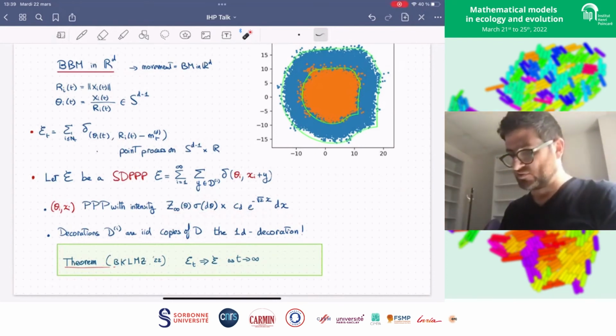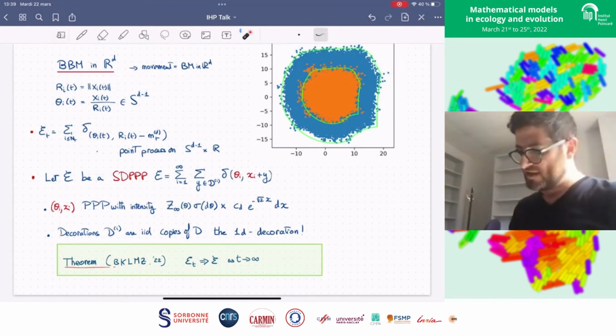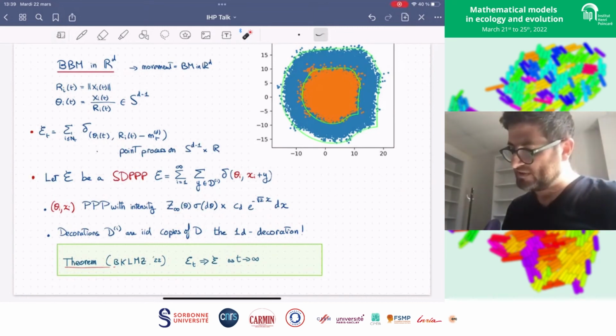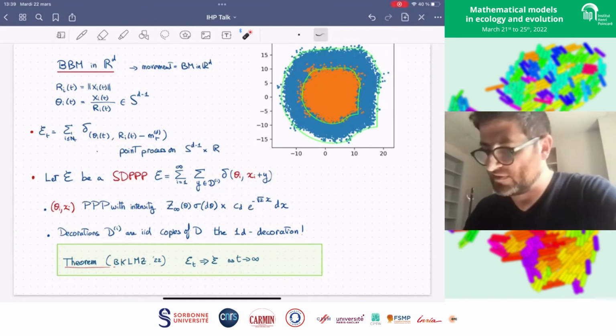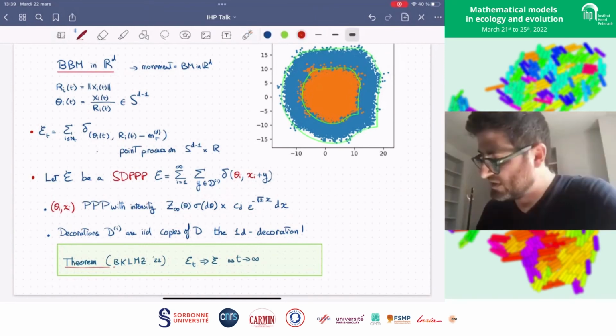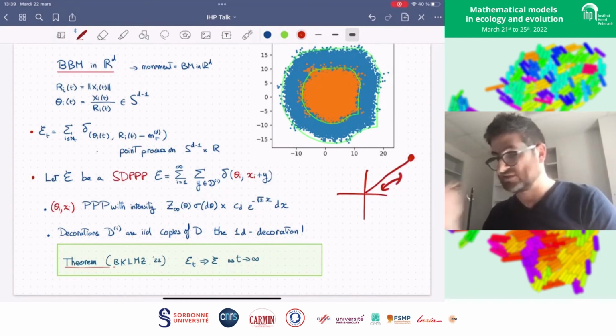And the decoration. So these are the cluster leaders, and then you need the decoration. The decorations are IID copies of the one-dimensional decoration. And you see that the decoration only affects the distance to 0. There is no decoration on the direction, and that's not surprising because you're looking at the limit as t tends to infinity. So maybe at a very large time you have one cluster leader which is here, at a very large distance.